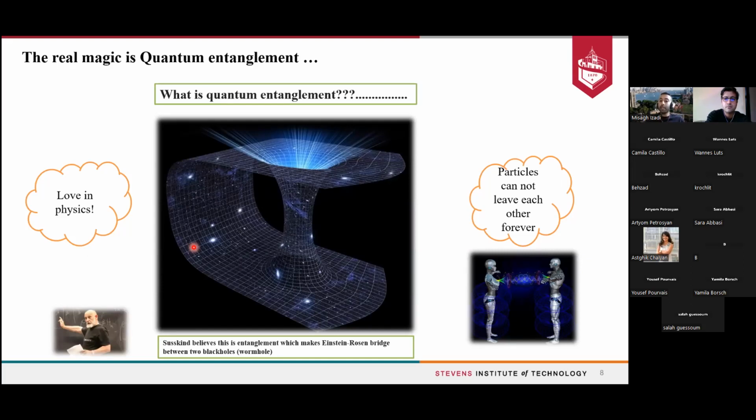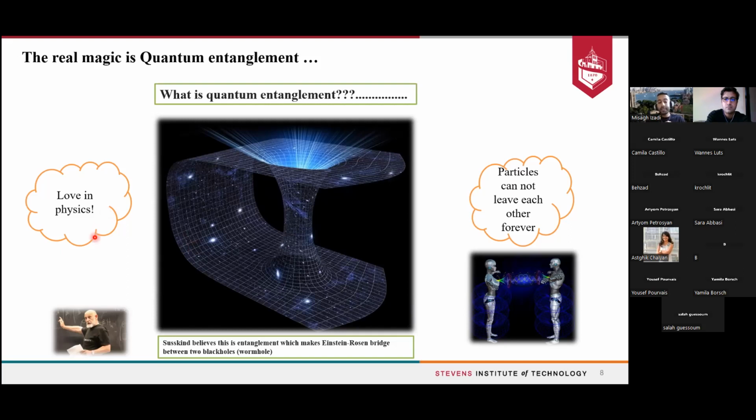You do a measurement on one of these entangled photons, and immediately, right after that, it affects the other photon simultaneously. So you can say, in other words, particles cannot leave each other forever. Maybe a kind of love in quantum physics.